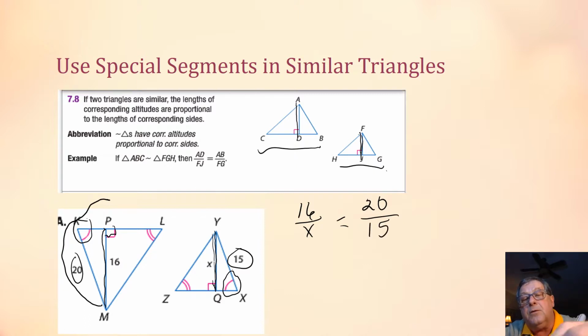Let's do a little cross multiplication. We get 20x equals 16 times 15. 16 times 15 equals 240.